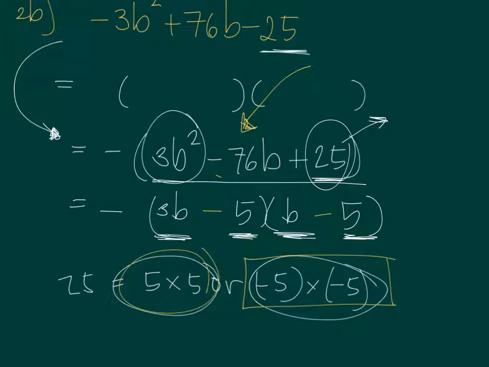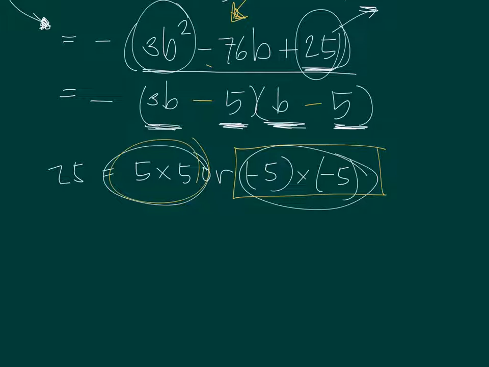It's not yet done, because you have to check whether that is really the factored form, because sometimes even if you break down the numbers properly, the combination of the terms that they produce will not sum up to negative 76b, the middle term.